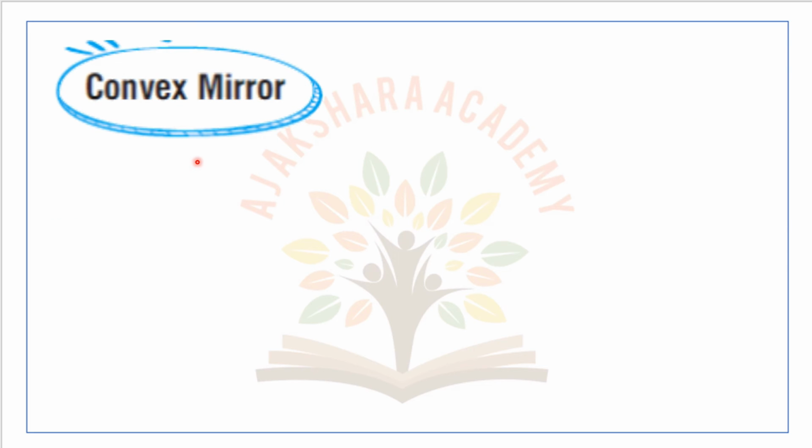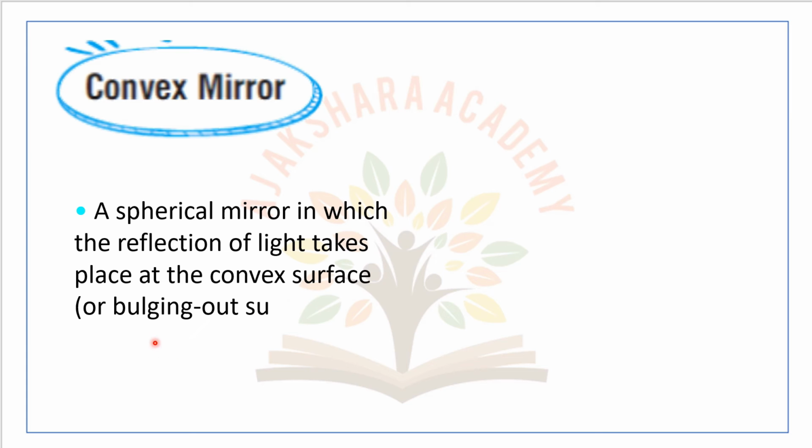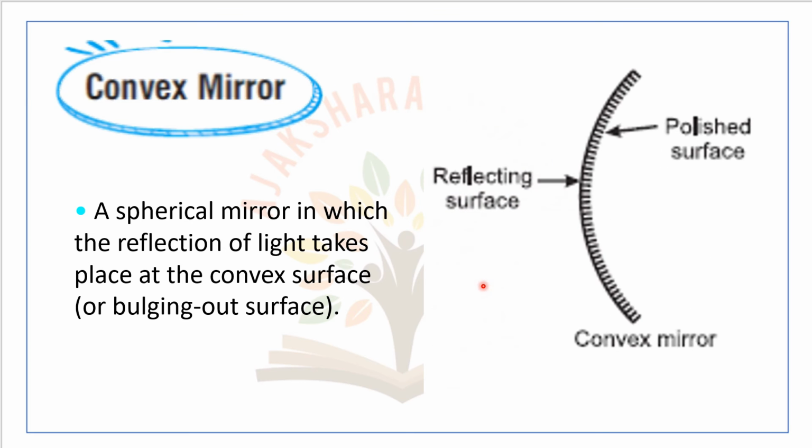Now discuss convex mirror. A spherical mirror in which the reflection of light takes place at the convex surface or bulging out surface is called a convex mirror. See this picture, convex mirror.